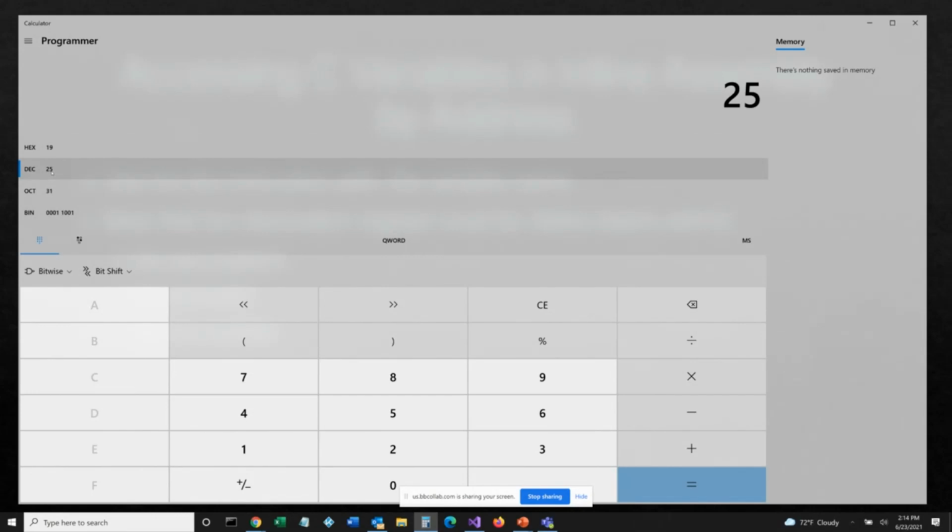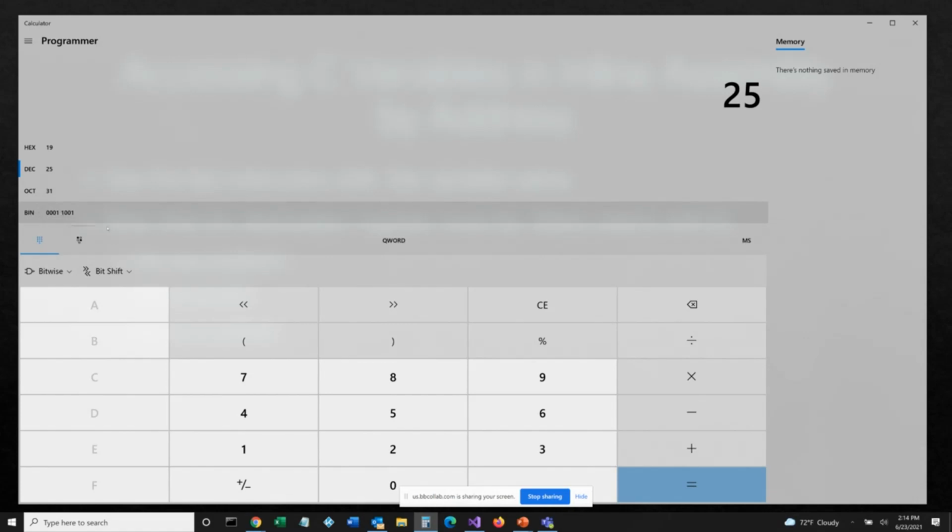The hexadecimal equivalent of decimal 25 is 19, and the binary version would be 0001 1001. So you can see why you would want to use hexadecimal, because it becomes very tedious trying to do everything in binary, and it takes up a lot of space.